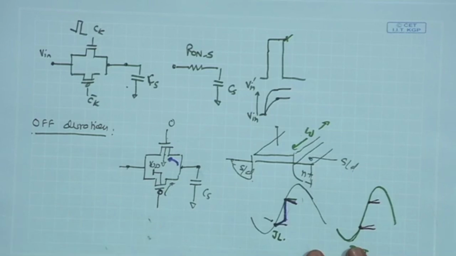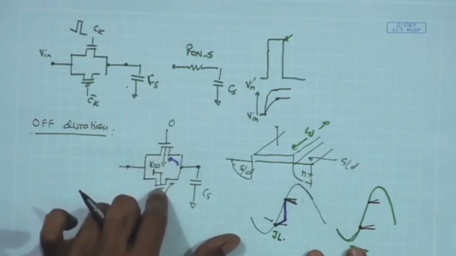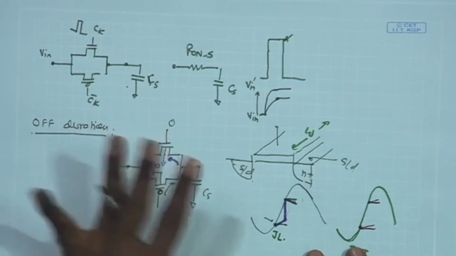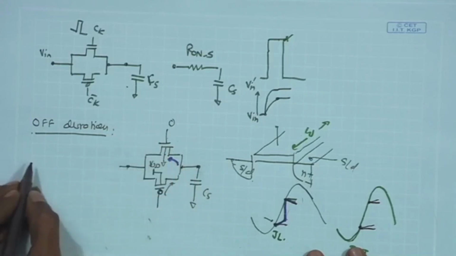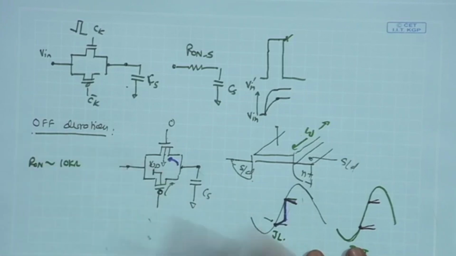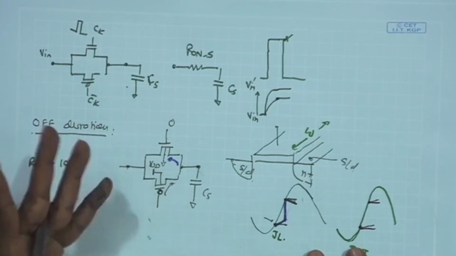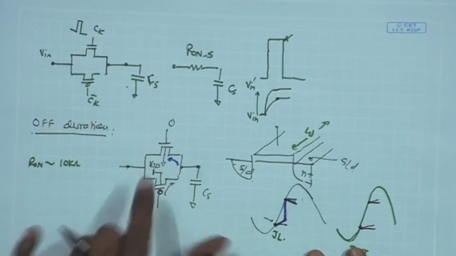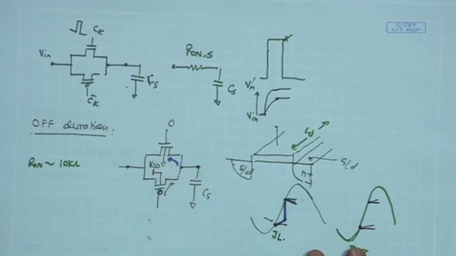Even if you look at a minimum size transistor when it is fully on, either NMOS or PMOS, the values are close to 10 kilo ohm in 180 nanometer. So, Ron we expect around 10 kilo ohm, few tens of kilo ohm max.